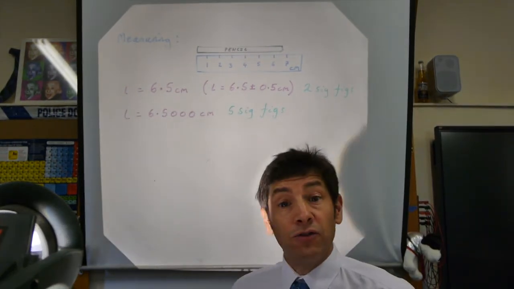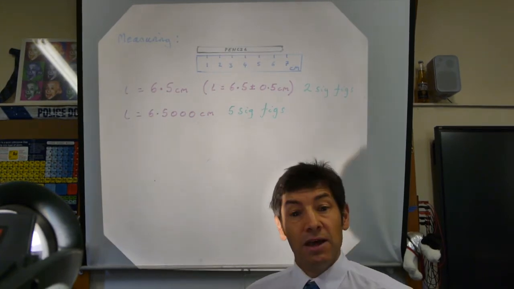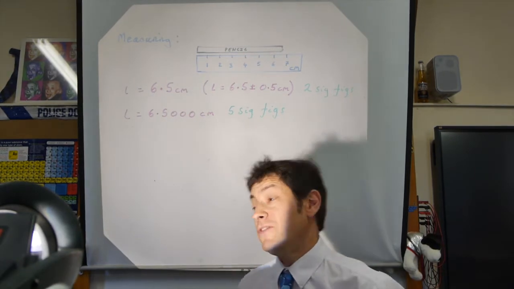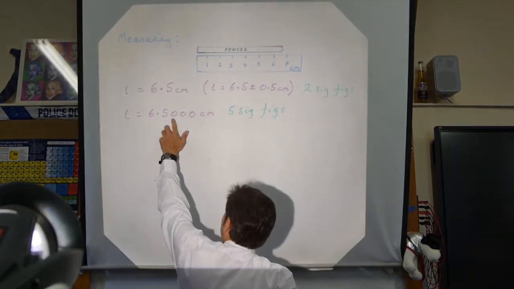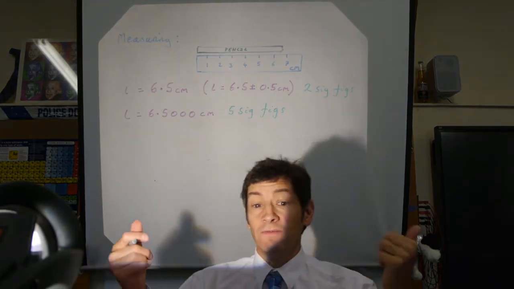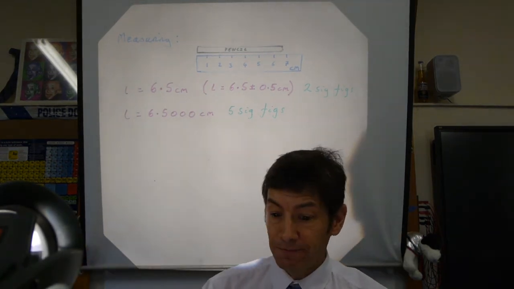I don't think that's a good thing to do in this case, but I'm making it clear that these zeros here are significant. They give us some information about how finely we measured the length. We probably used some vernier calipers or something like that.